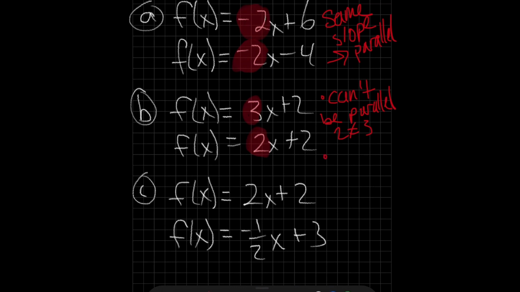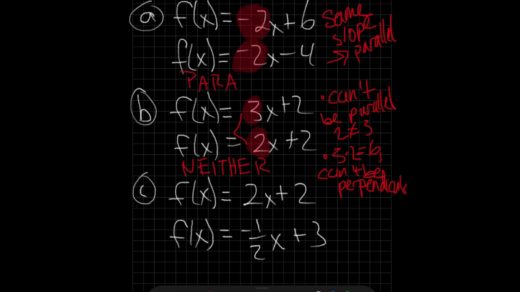I'm going to check by multiplying, because if I multiply these two together and my answer is -1, then they must be perpendicular. So when I multiply 3 and 2 together, that gives me 6. So they can't be perpendicular. Sorry for my handwriting. So then the answer here is they are neither. It's not parallel, it's not perpendicular, these are neither.